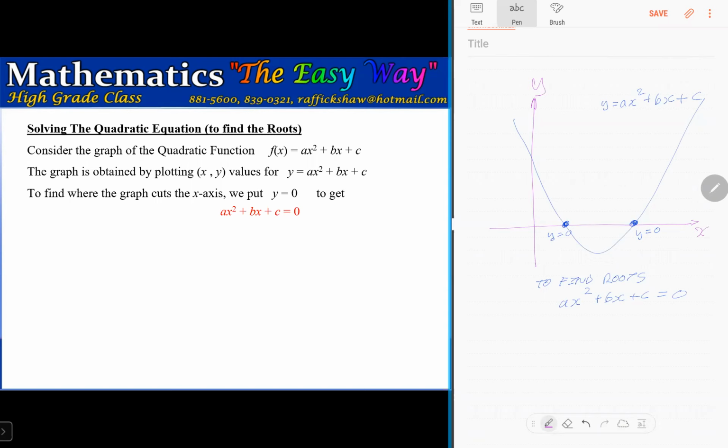And so if you want to find those points, you have to put what you know, that y is 0, in the function. And when you do that, you basically get that equation right there.